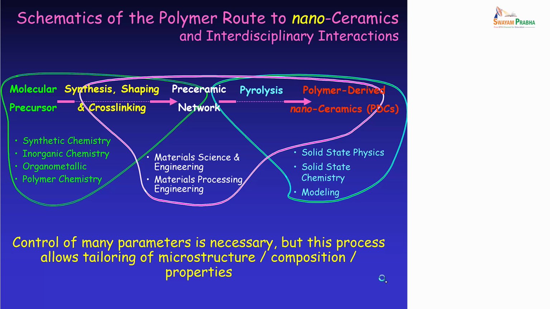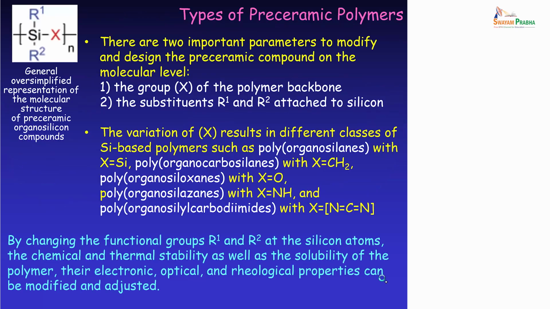And you need all this expertise to understand and control the process. There are a lot of parameters in this process, but you can tailor the microstructure and the composition and the properties of the final material using this approach.